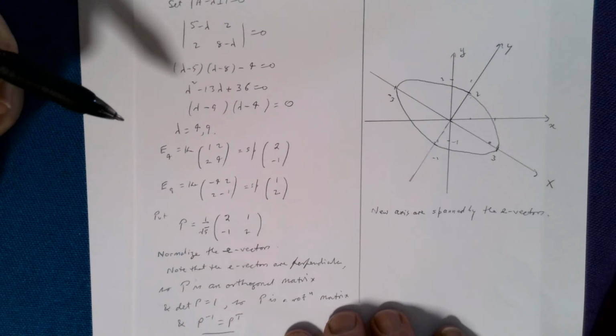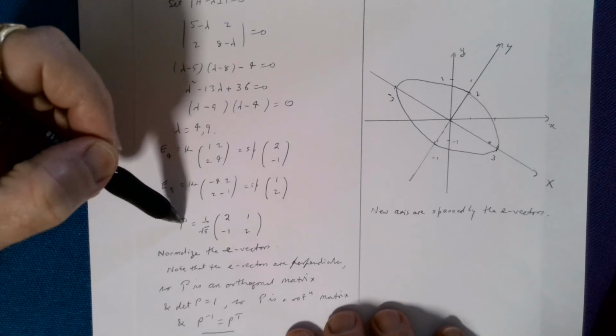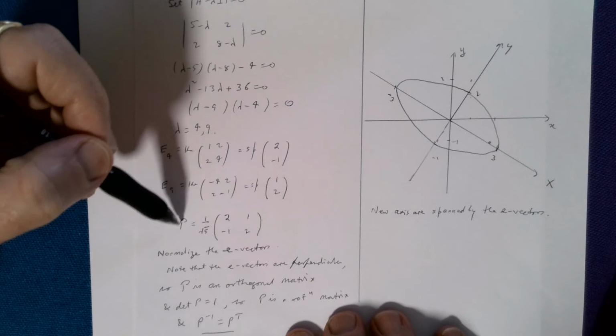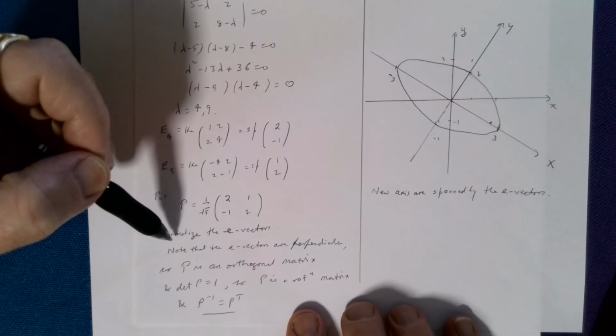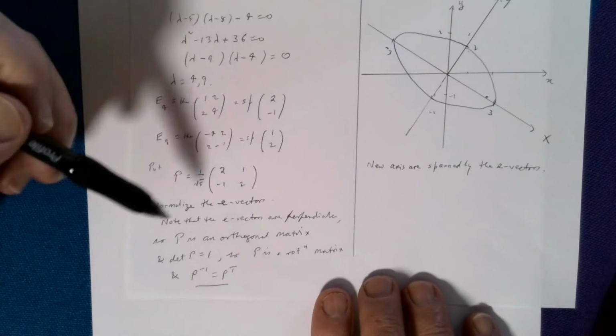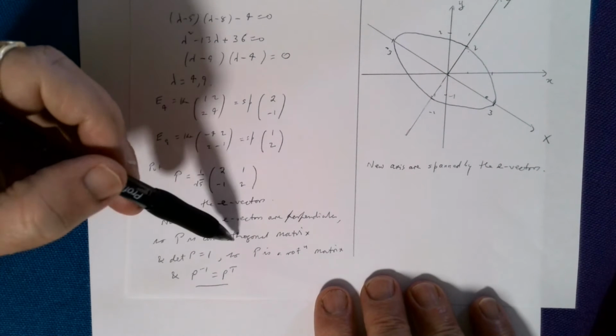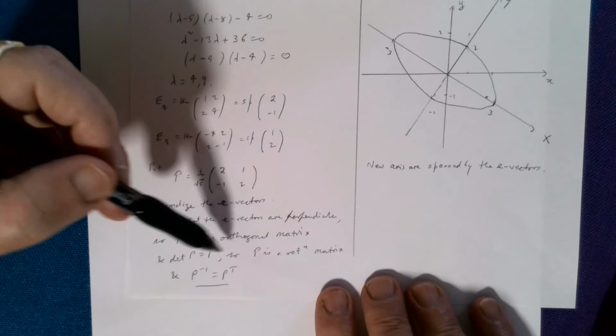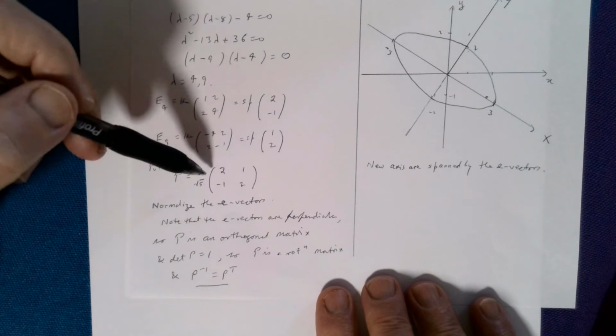So this P matrix then will diagonalize the matrix A. So I've normalized the eigenvectors. We note that they're perpendicular. And we also note then that P is an orthogonal matrix, because these are perpendicular and they each have length 1.